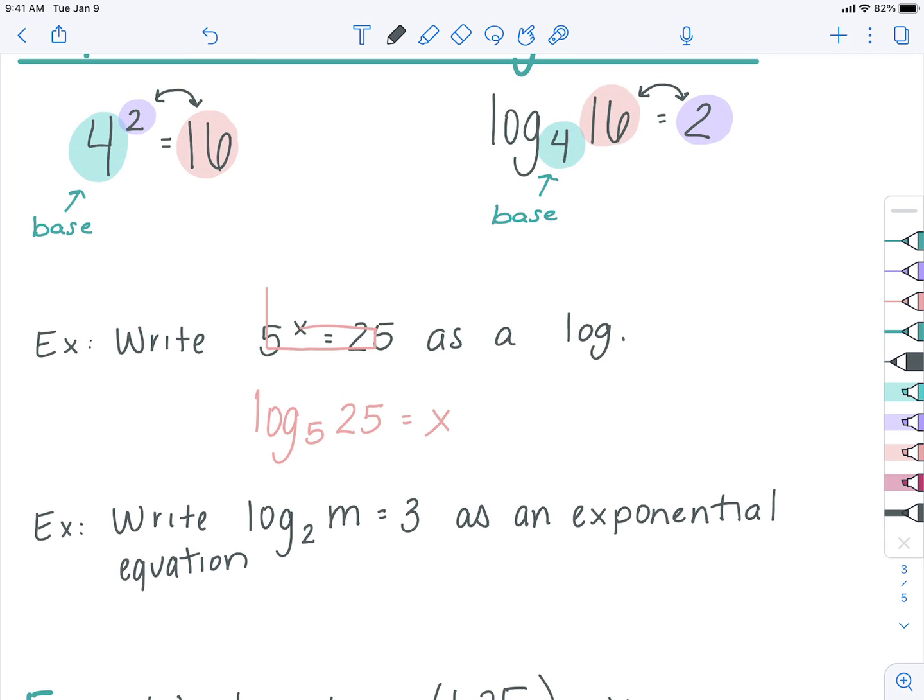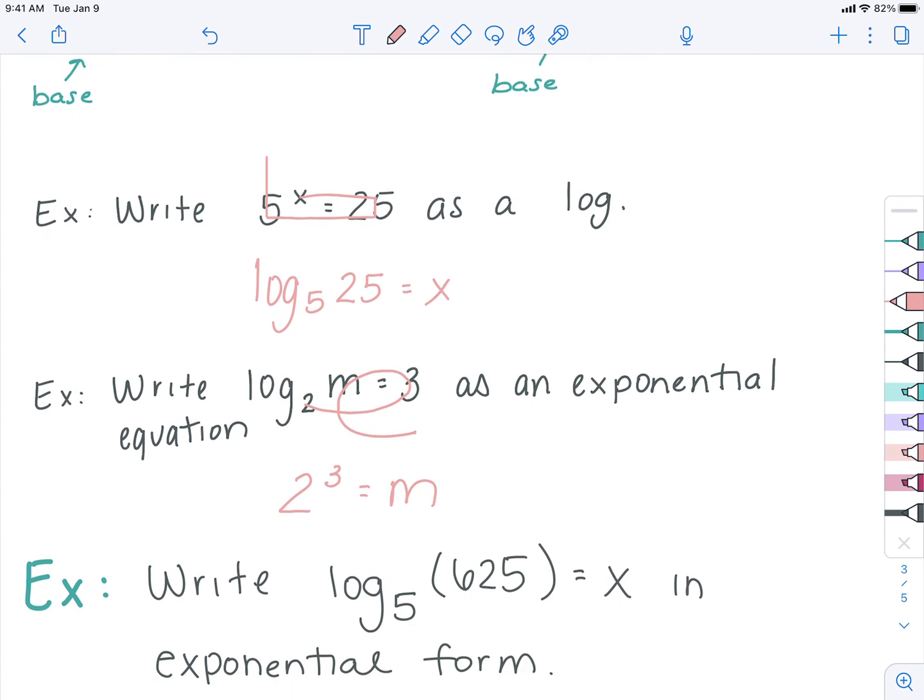If I want to do that, my shortcut here is, since I want to get to exponential, I'm starting with the 2, I'm going to the 3, and then to the m, which makes a big E to remember. So I really have 2 to the third equals m.